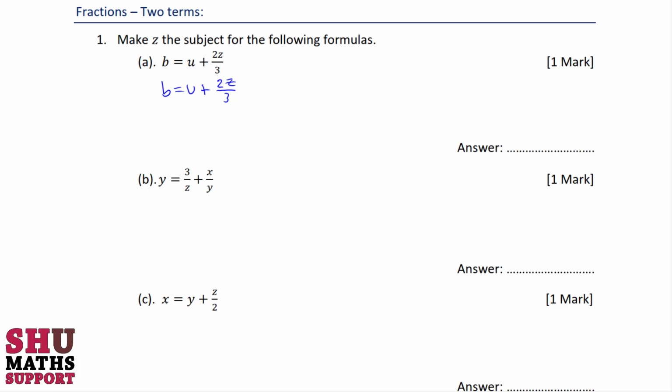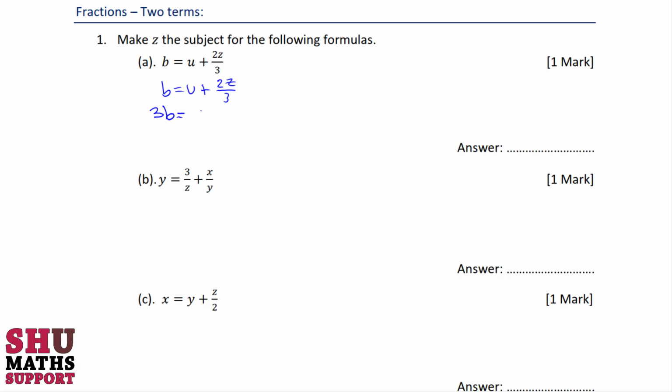But what we need to do is realise what's happening and realise that there's certain things we need to obey in order to make both sides equal. So for example here, if we times both sides by 3, which is what we need to do to get rid of the 3 on the denominator, we need to times all the terms on both sides by 3 in order for both sides to be equal to each other. So if we times the left hand side by 3, we would get 3b.